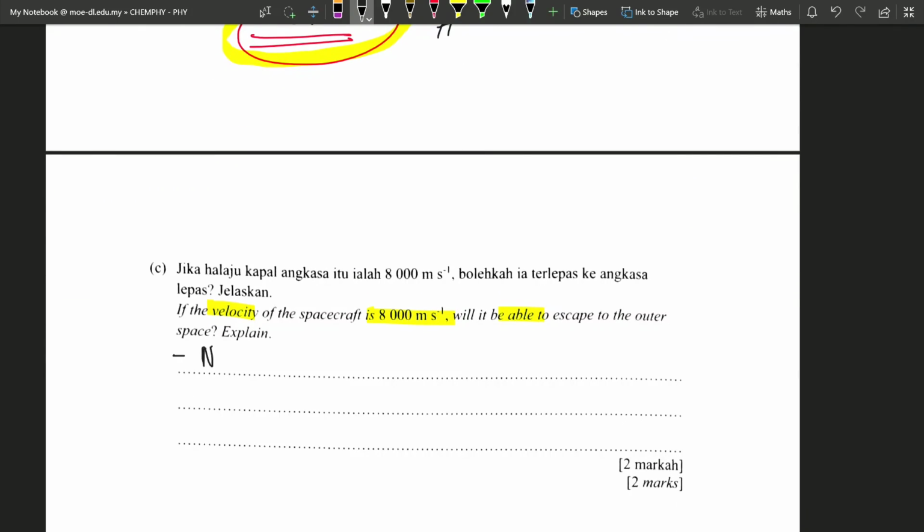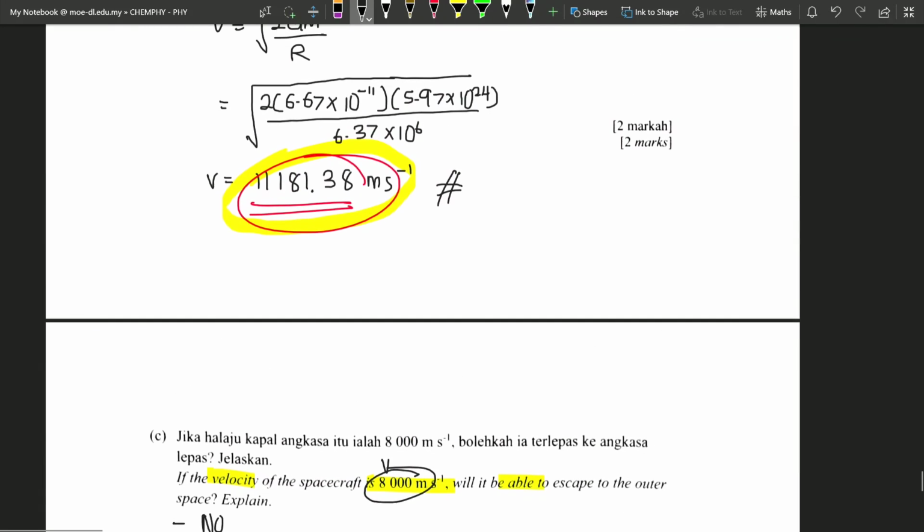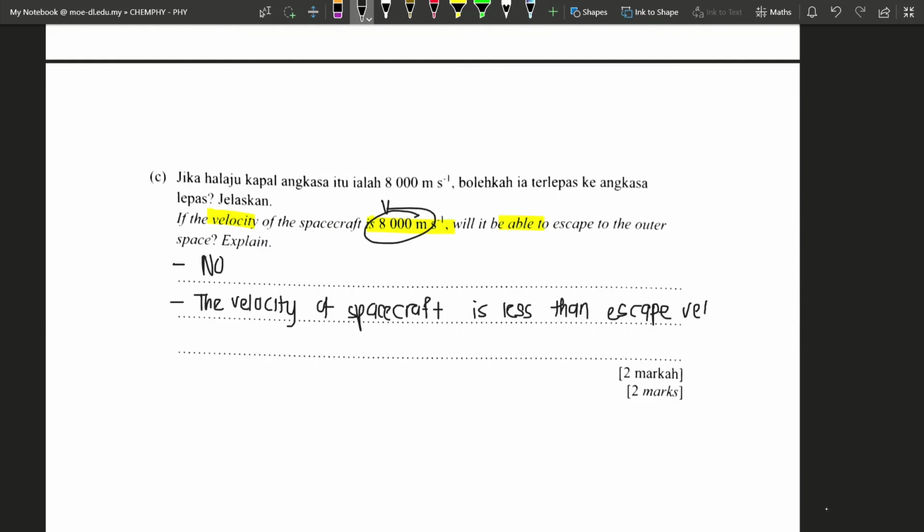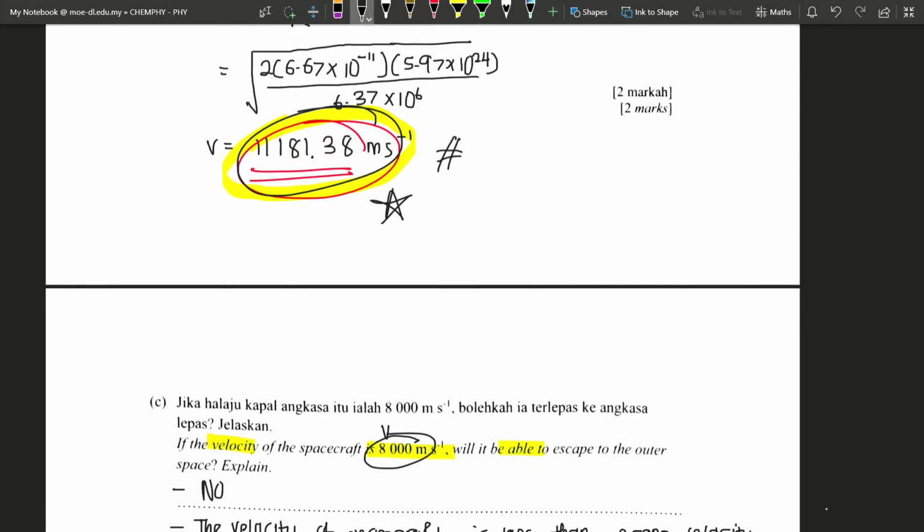No. So soalan suruh explain kenapa tak boleh. Sebab you guys tahu, laju kapal ni 8,000 is less than escape velocity, your 11,000. So the velocity of spacecraft is less than escape velocity. So escape velocity bumi 11,181.38 meter per second.